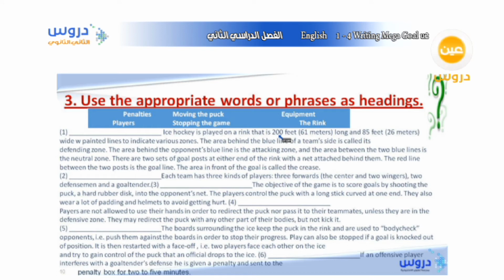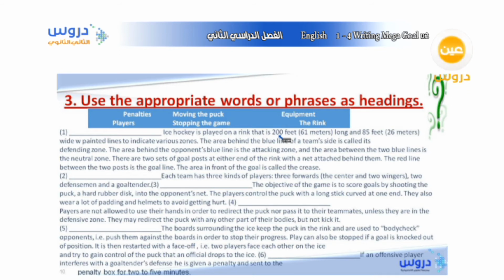Players are not allowed to use their hands in order to redirect the puck nor pass it to their teammates unless they are in the defense zone. They may redirect the puck with any other part of their bodies but not kick it. So you're talking here about instructions.